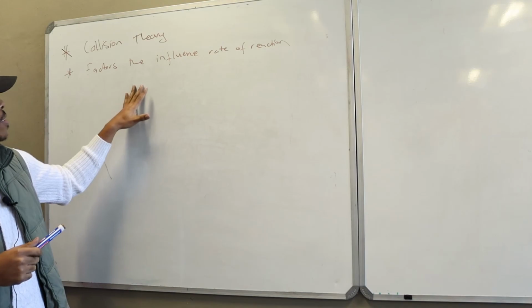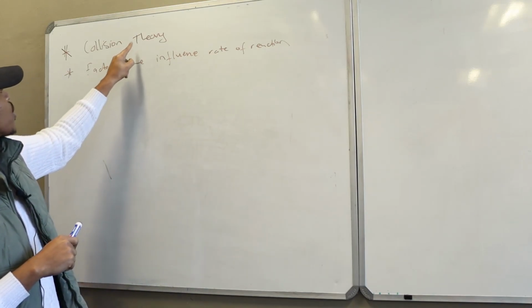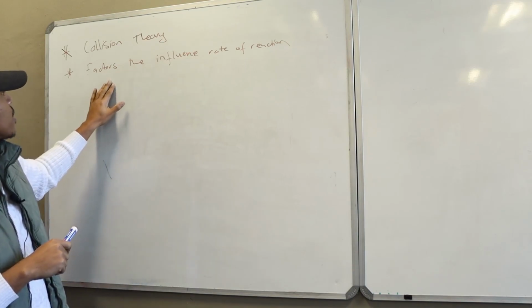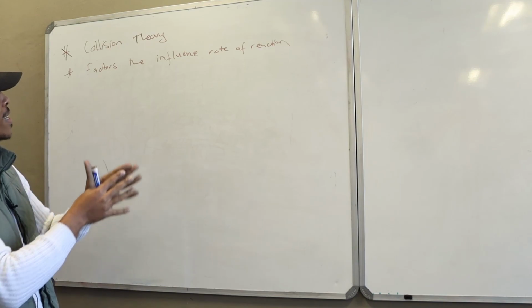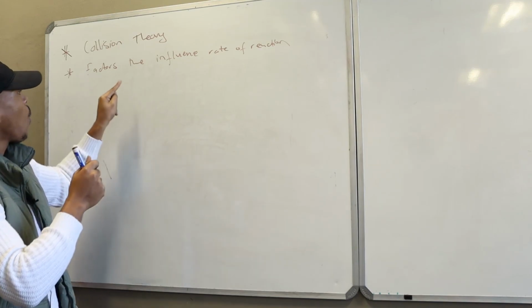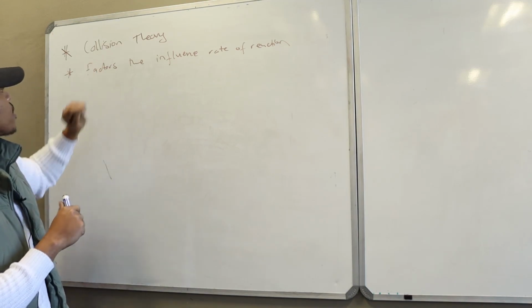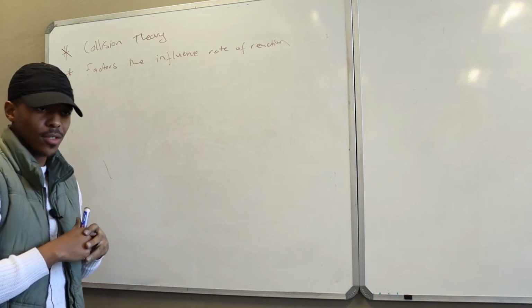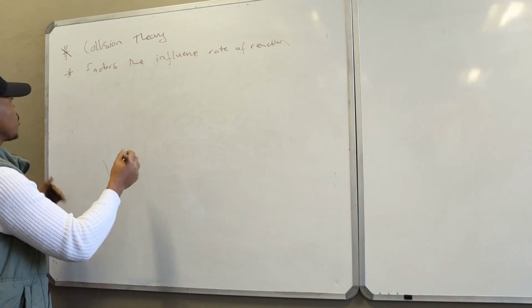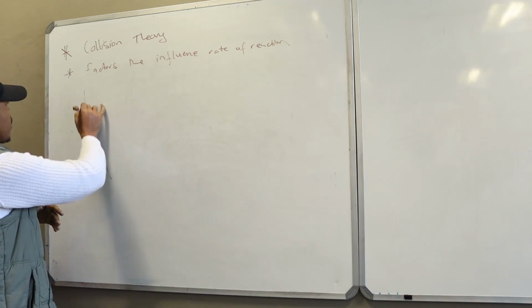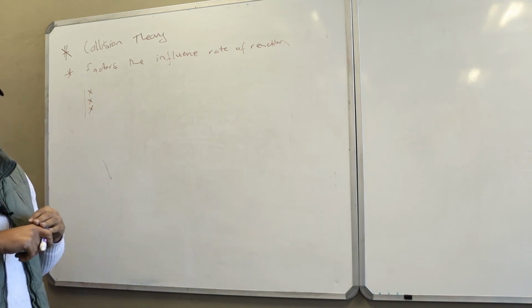So these are the factors that we did today. And also, you must be able to explain these factors in terms of collision theory, right? So you must understand in terms of collision theory why these factors that I just mentioned affect the rate of reactions, right? Okay, and what we will do next week is we'll simply finish off, because I think I did 3 factors and I explained them in terms of collision theory.